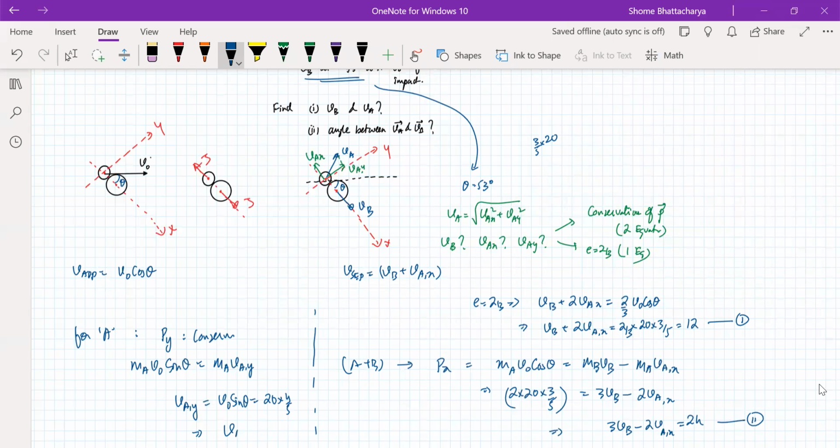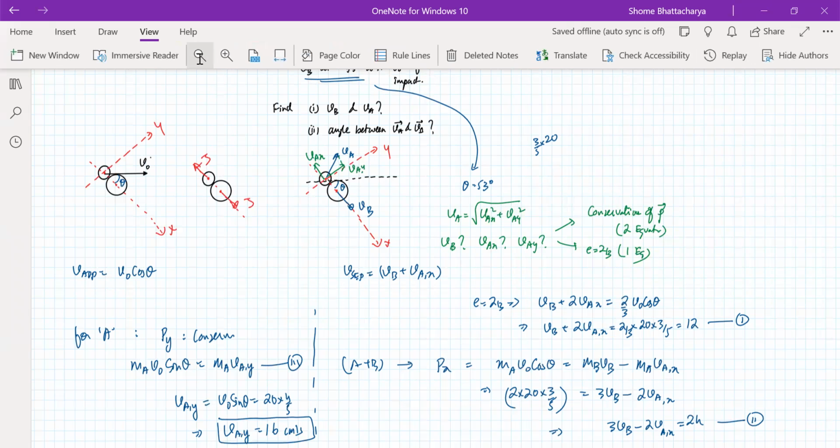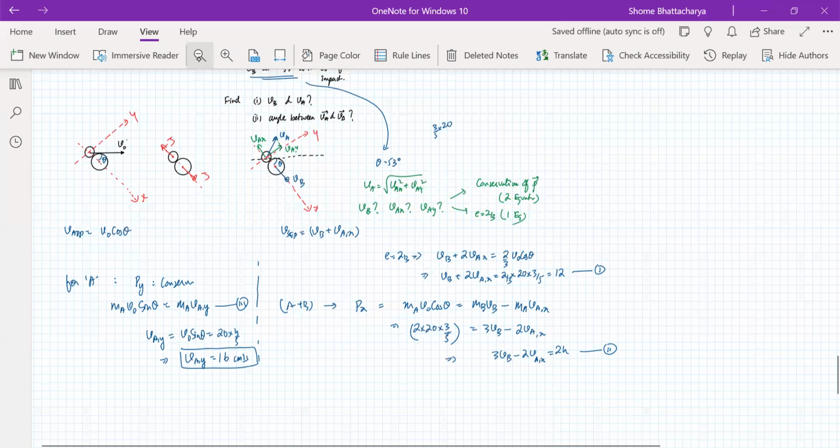So this is directly giving us this variable. Whereas solving equations 1 and 2 will give us the other two variables. For example, if I just add these two equations, I'll get 4 VB is equal to 12 plus 24, 36. So VB I'm getting as 9 centimeters per second.